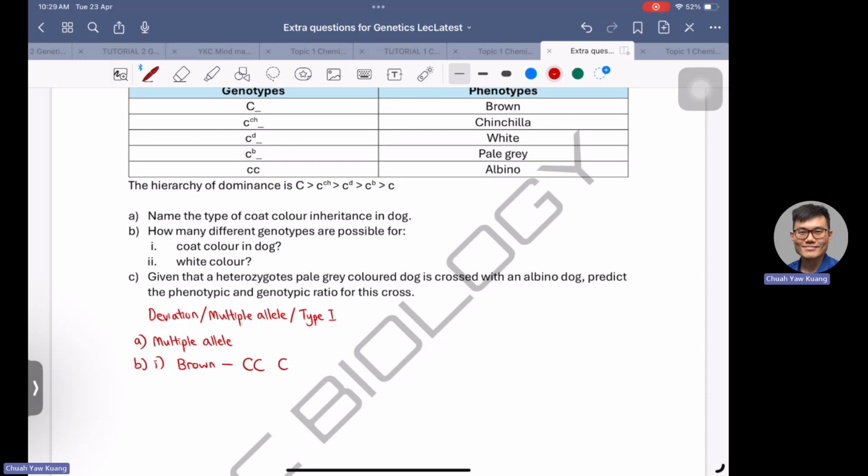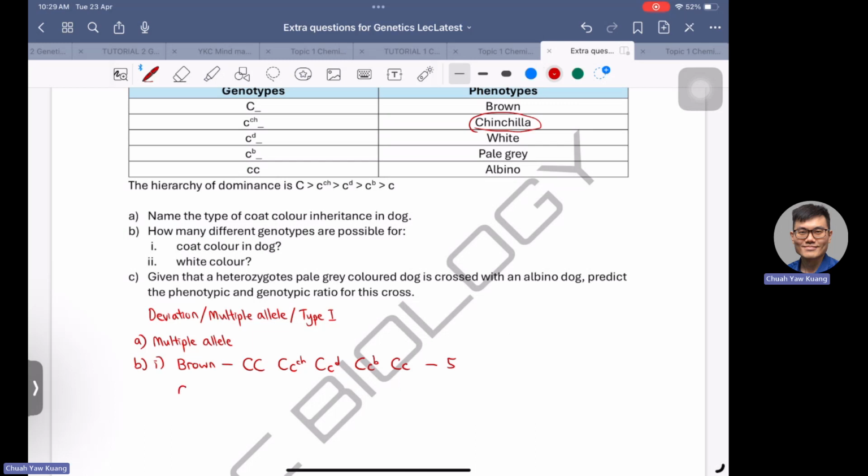If this big C pairs with cch, it is also brown, a second genotype. The same goes for C paired with cd, or cb, or small c. So for brown color, there are 1, 2, 3, 4, 5 types of genotype.